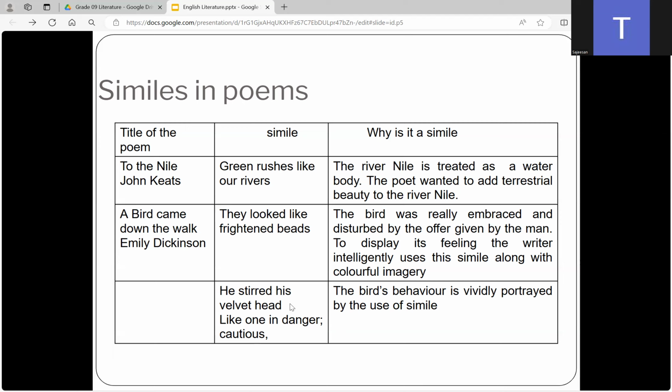Another example of simile from the same poem: here he stirred his velvet head like one in danger, cautious. Here the bird's behavior is vividly portrayed by the use of simile.